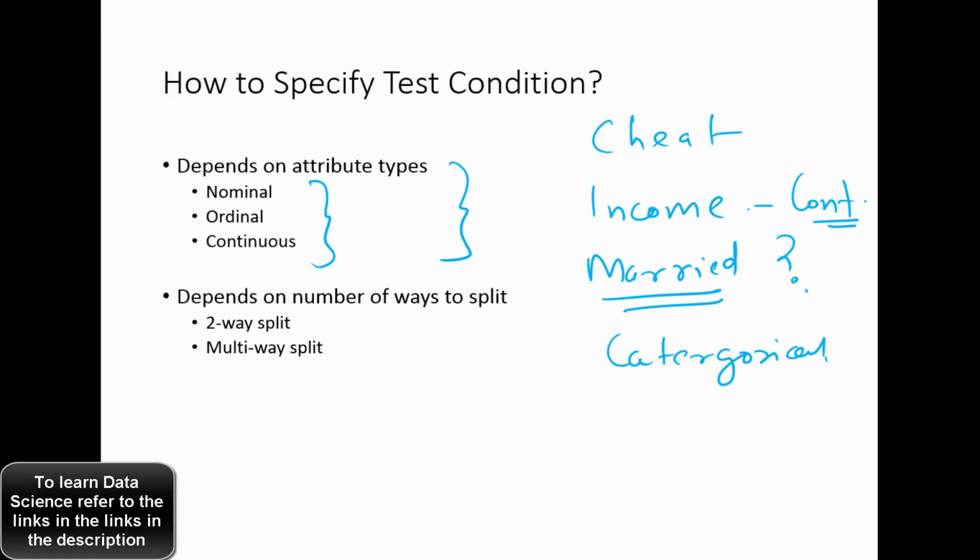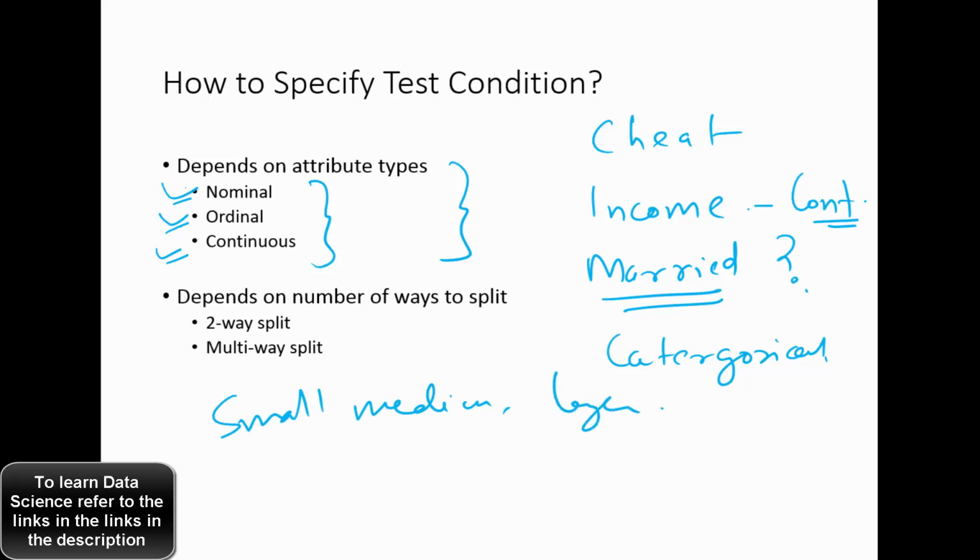So specifying the test condition depends on what kind of attribute you are dealing with. It could be nominal, it could be ordinal, it could be continuous. The difference between nominal and ordinal is that they are both categorical, except that in nominal cases you cannot order them, whereas in the ordinal case you can, like small, medium, and large.